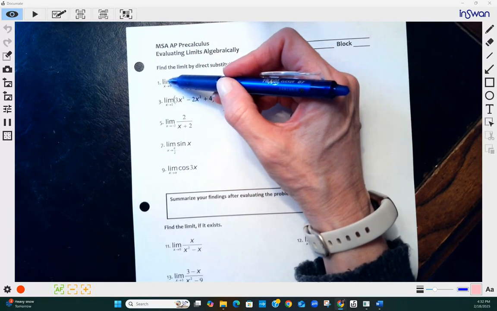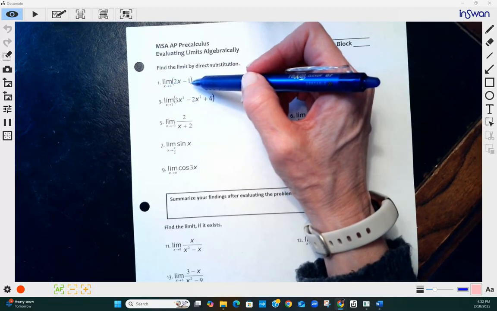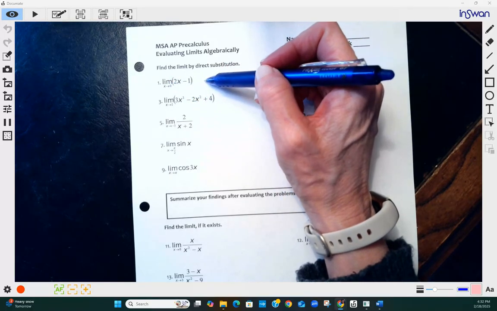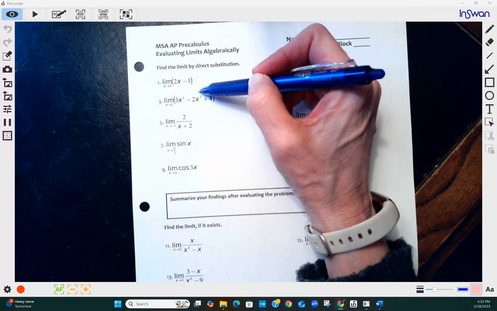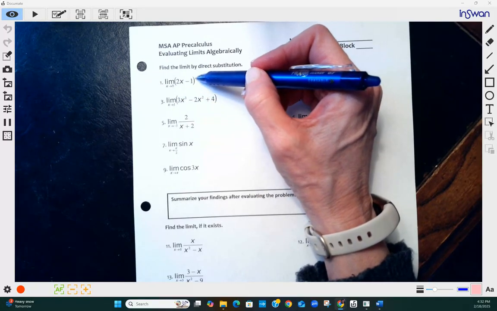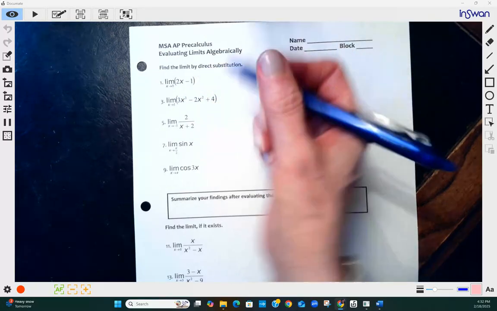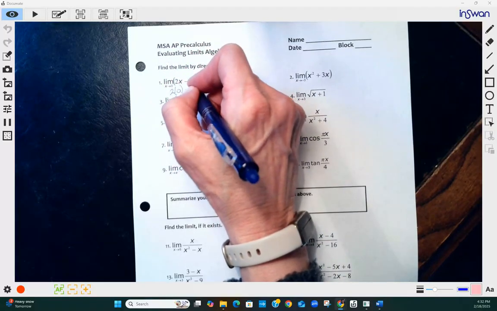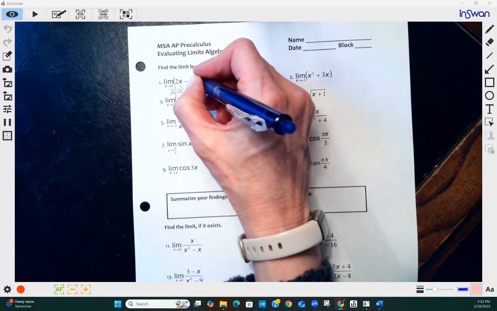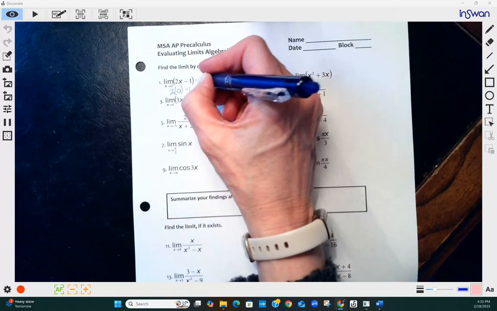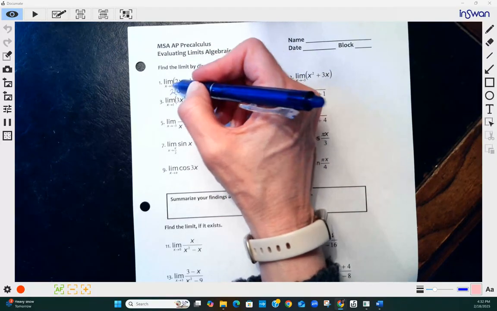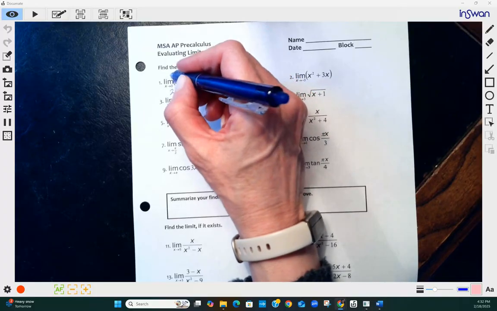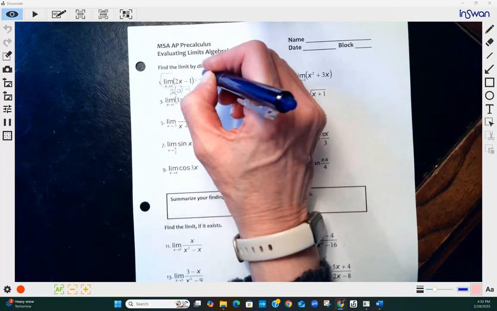If you want to use the printed limit statement and not have to rewrite it, make sure you do your work beneath it so that you can come back here and put your answer here. So I'm going to just substitute 0 in for x, and I get -1. Therefore, the limit as x approaches 0 for the function 2x minus 1 is -1.